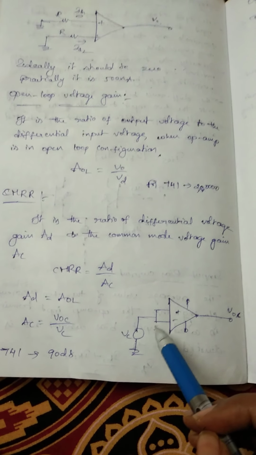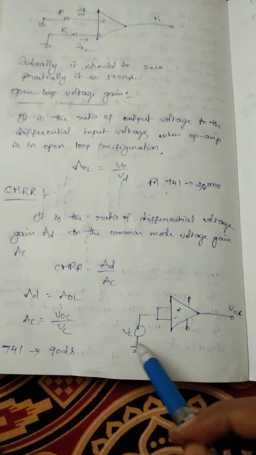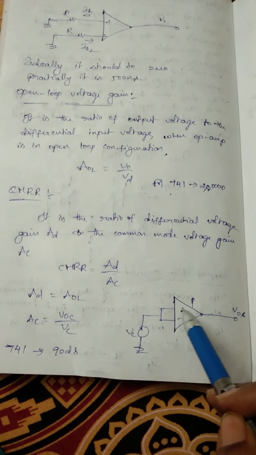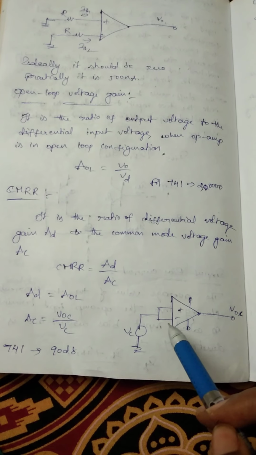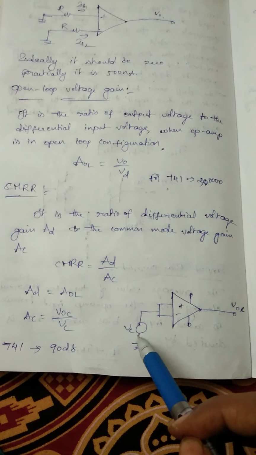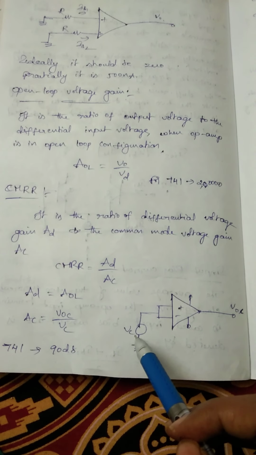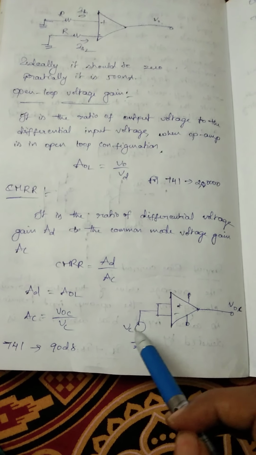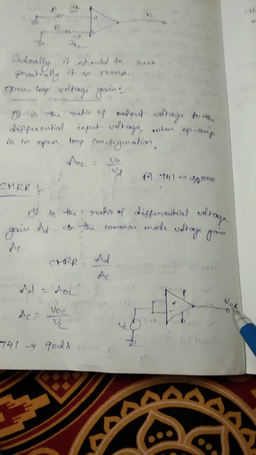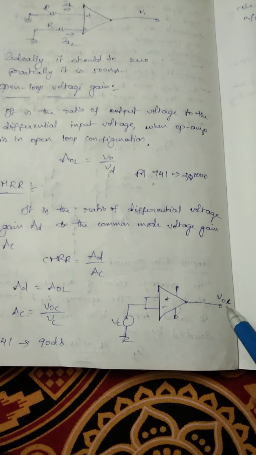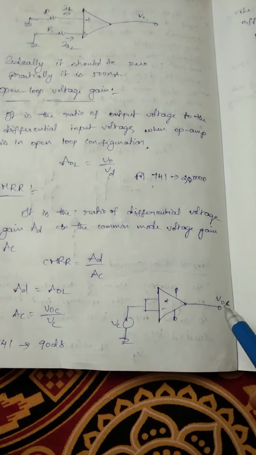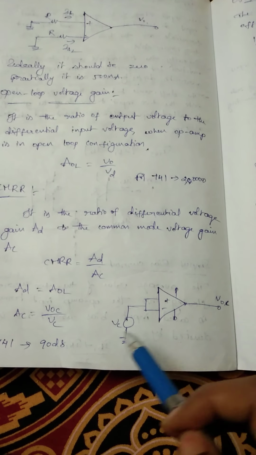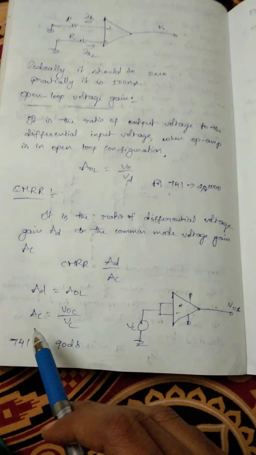Here we are applying the same voltage to the two input terminals of the op amp, that means to the non-inverting and the inverting terminals we are applying the same input, that is equal to Vc. Whenever we apply the same input to the two terminals, the output voltage is represented as VOC, and the ratio of output voltage to input voltage, that is VOC by Vc, is represented as AC.